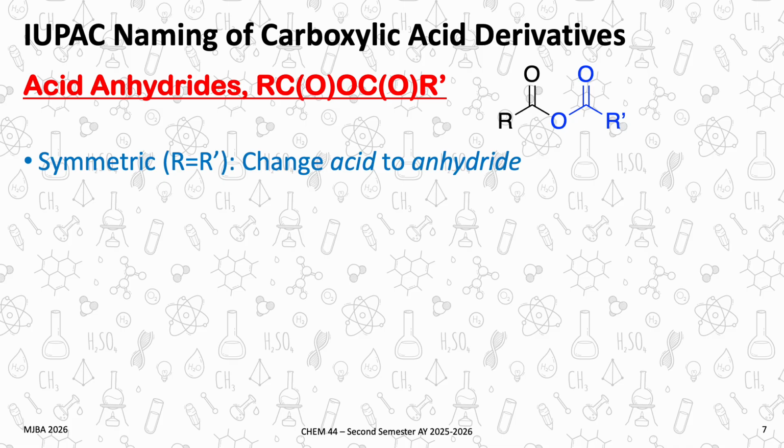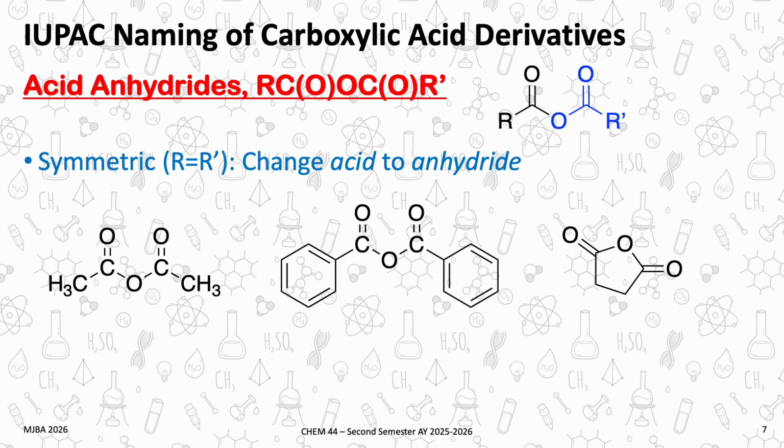Just identify what the carboxylic acid is, drop the acid, and just change it to anhydride. So with these examples, these are symmetric examples. 2 carbon straight chain carboxylic acid is acetic. So this is acetic anhydride. This one, the one that has the aromatic ring, is benzoic. So this is benzoic anhydride.